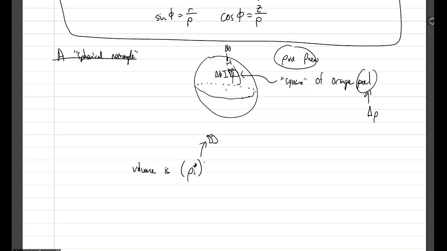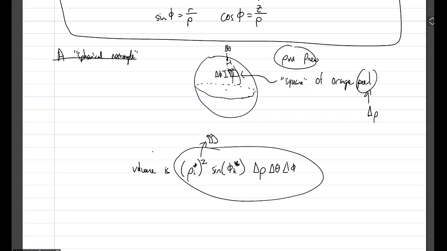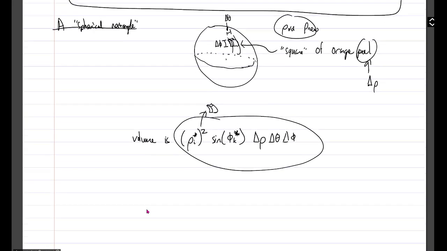That number squared, and again we're not going through why, times sine of phi sub k star, a specific value of sine of phi, times delta rho times delta theta times delta phi. We're not going to go through why it looks like this. It is really messy geometry.